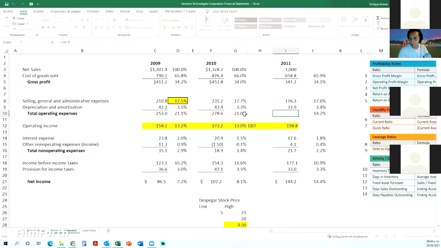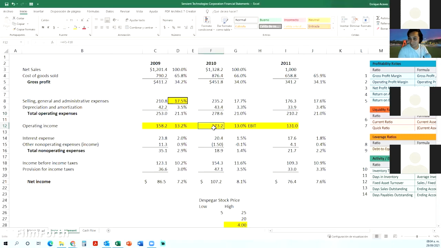No, this should be added up. What am I doing, guys? Sorry for that. This happens when you forecast. You have to double-check your formulas.